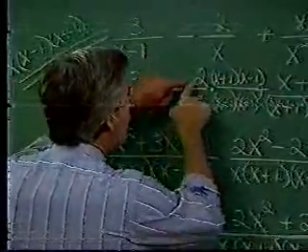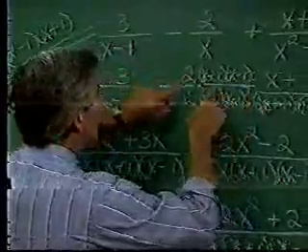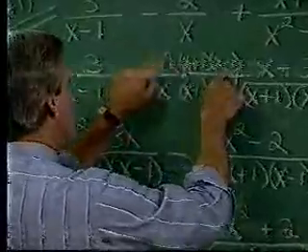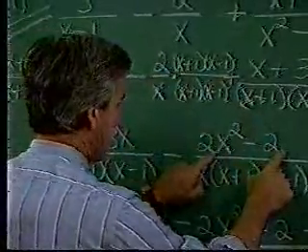Now, in the numerator, 2 times x plus 1 times x minus 1. Let's see, this product is x squared minus 1. 2 times x squared minus 1, 2x squared minus 2.